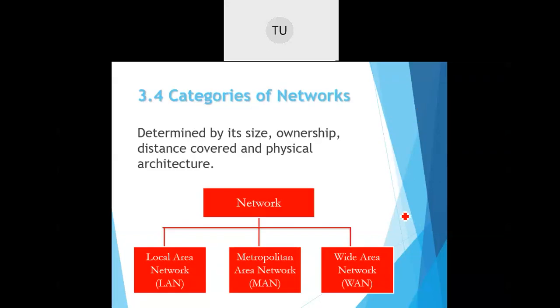Right. Okay, categories of network. Categories of network are determined by its size, ownership, distance covered, and physical architecture.